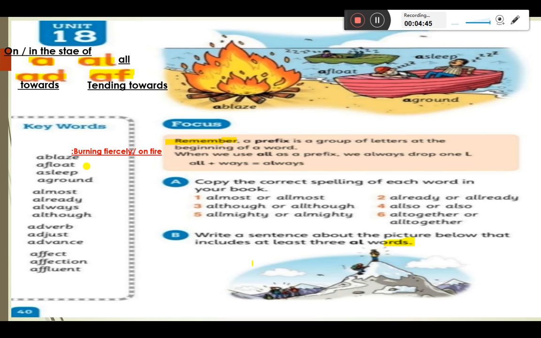It's the same as the one up there. It means that something is floating. Asleep, like the two men up in the picture. So these two men are in the state of sleeping.